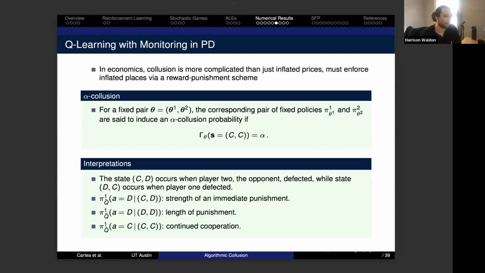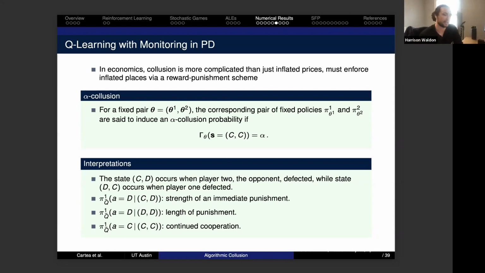Okay, so we'll show that Q-learning learns to collude, but now that we have a more complicated algorithm that's going to condition on past prices, we can actually be a little bit more precise about what we mean by collusion. So in economics, collusion isn't just observing inflated prices, because you can attain inflated or super competitive prices without collusion.